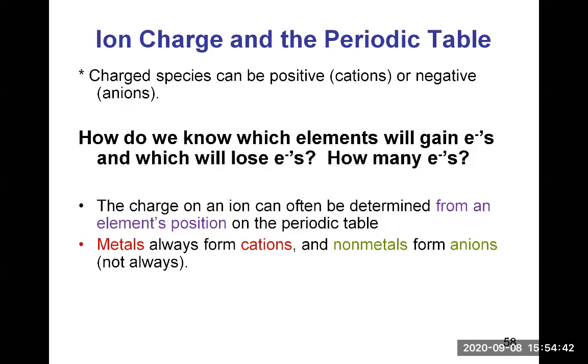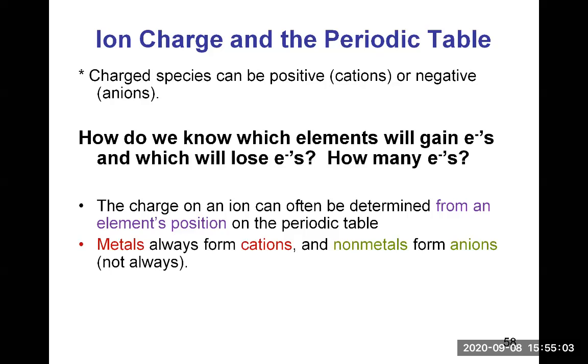One more general thing to say is that metals always form cations, right? Metals on the left side of the periodic table will make positive ions, and non-metals found on the right side of the periodic table form negative ions, anions.